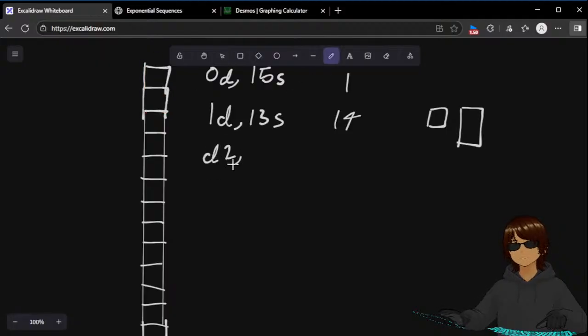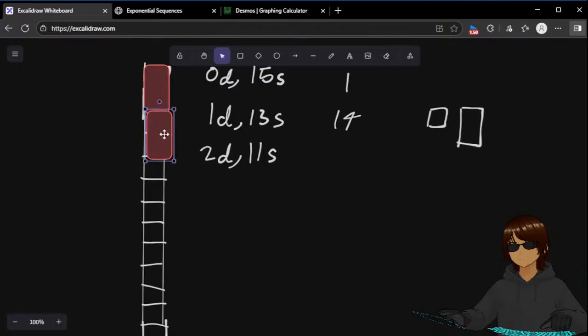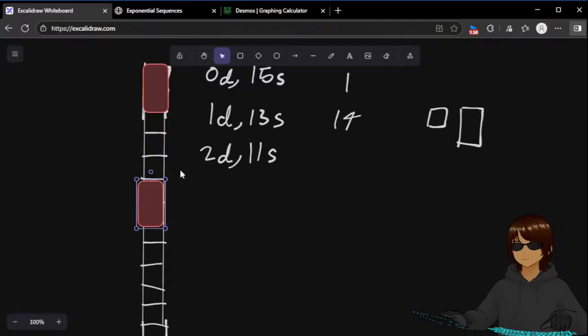Now, two dominoes, 11 squares. We have this, plus this. Yeah, this is really difficult.